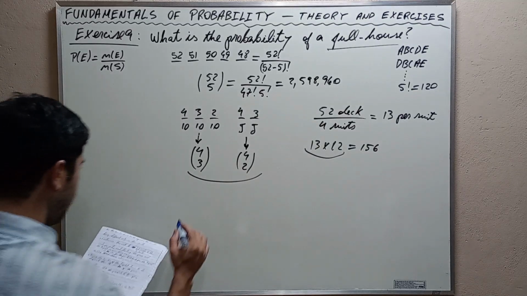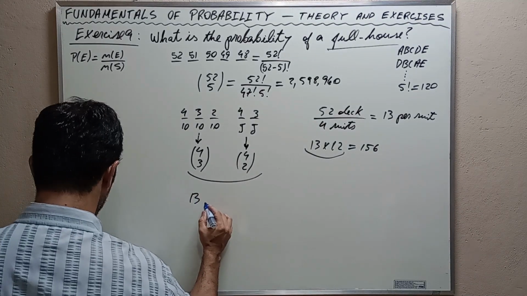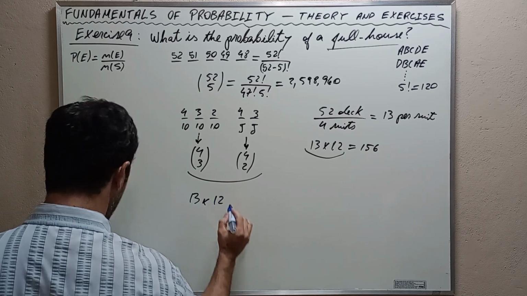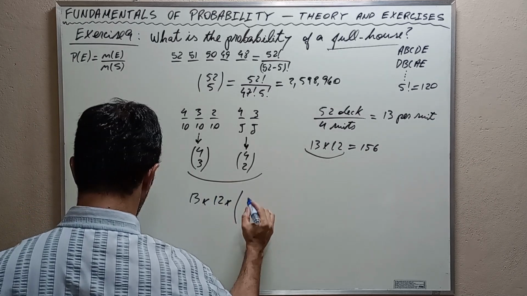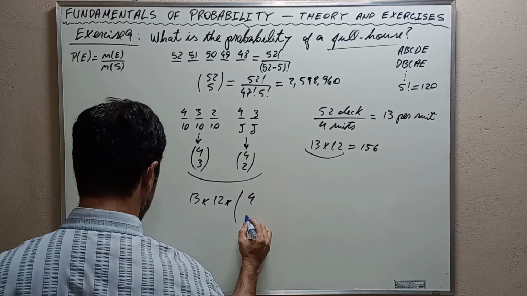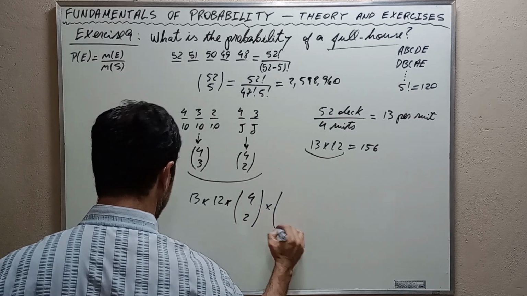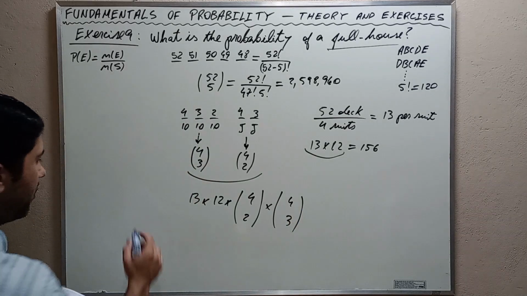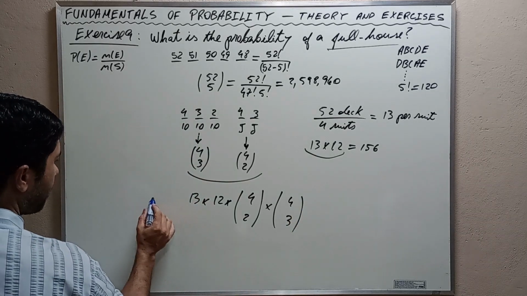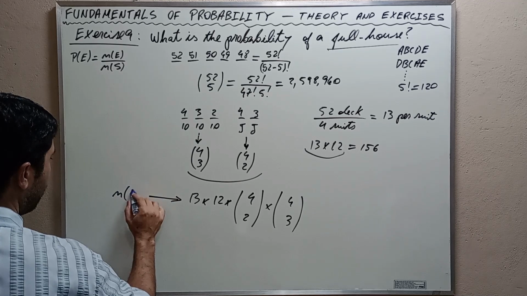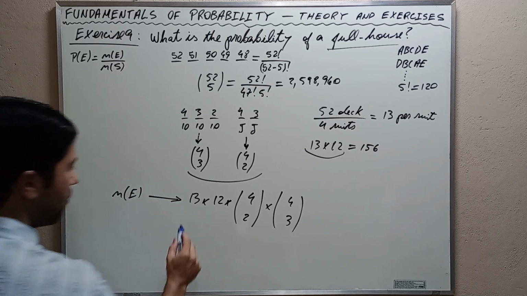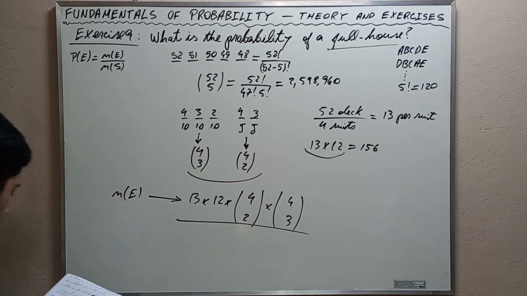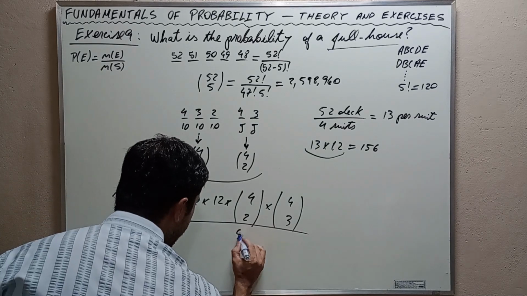Combining this, we find 13 times 12 times the combination of 4 taken 2 times the combination of 4 taken 3, okay? This is the number of elements of the event of interest, and we divide it by the sample space.